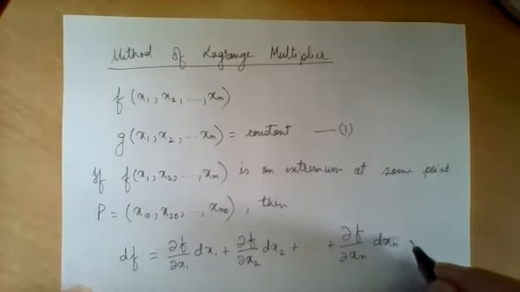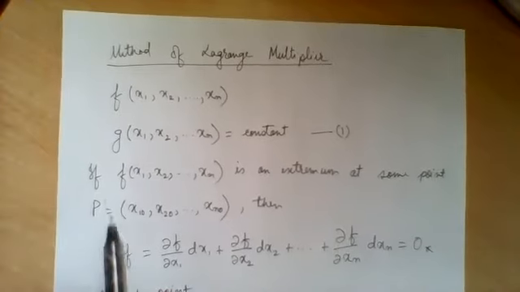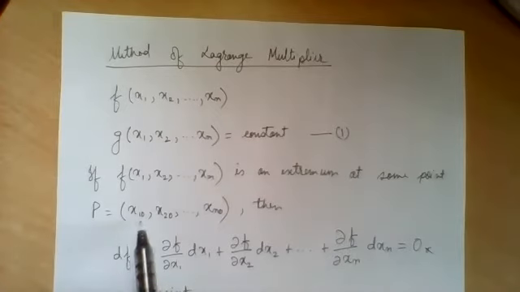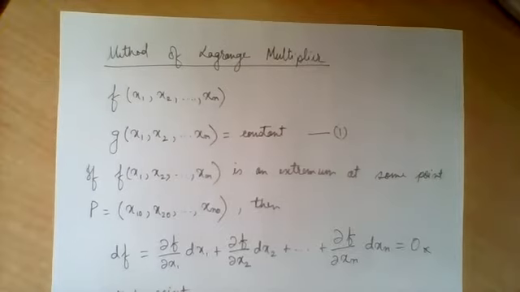I repeat, if f is an extremum at some point P, whose coordinates are given by this, then the total differential of f is 0 at that point.